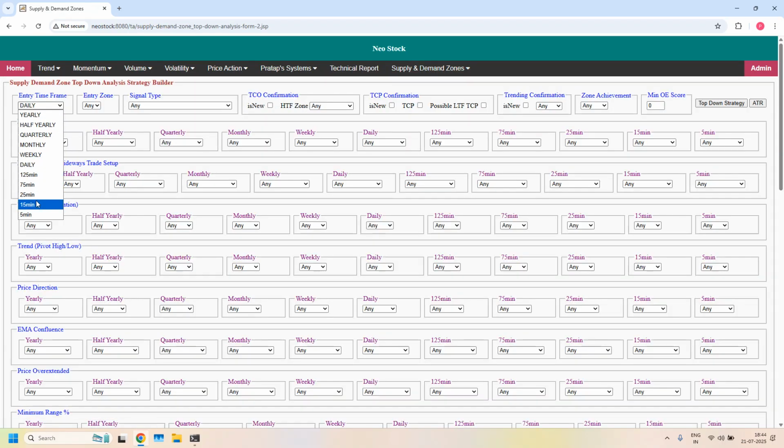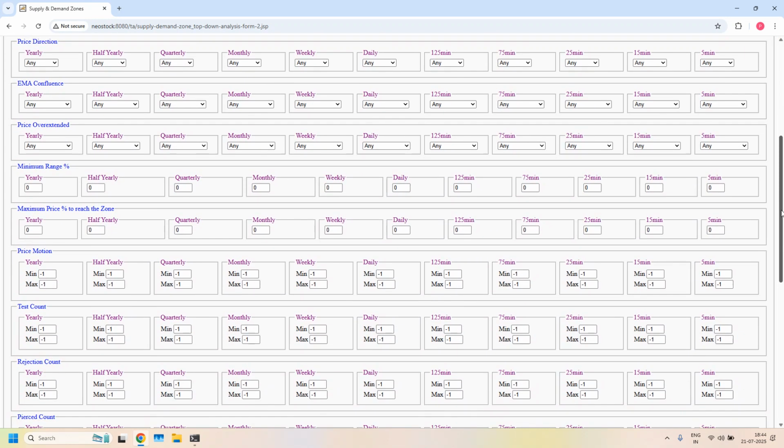Entry time frame 15 minutes. Entry zone, supply zone. Bullish or bearish or sideways at 15 minutes. I am selecting bearish zone achievement, violated opposing zone, minimum odd and enhancer score 12. And also 15-minute supply zone should not be pierced.